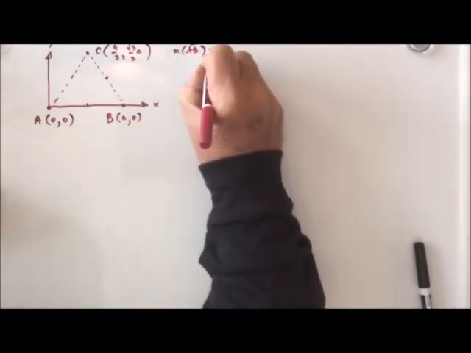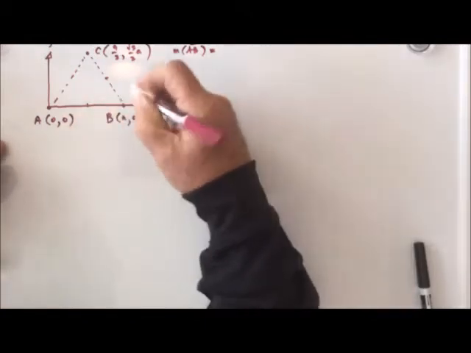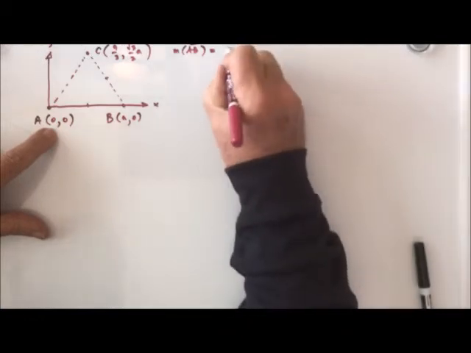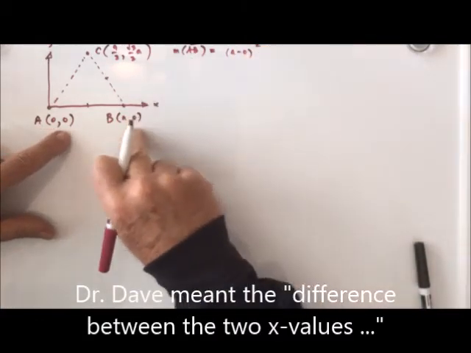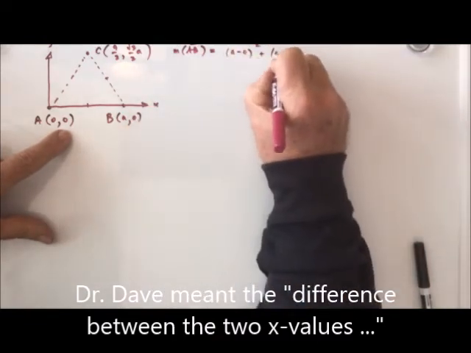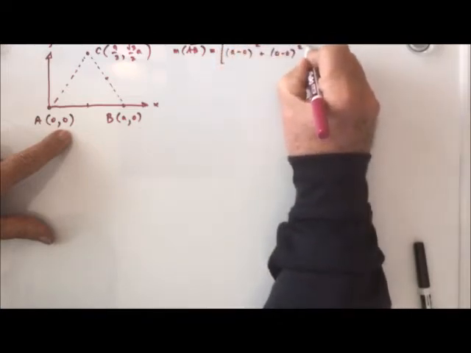So if I use the distance formula for A and B, I take the difference between the two x values, a minus 0, and square it. I take the difference between the two y values, 0 and 0, and square it. And then I take the square root of all of that.